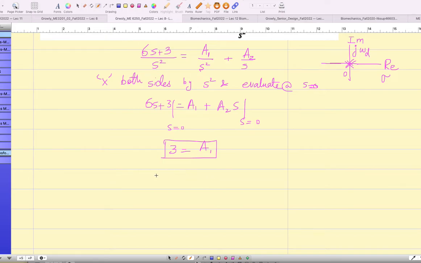For the next coefficient, in order to find it, you will multiply both sides by s square, and then differentiate. This is important.